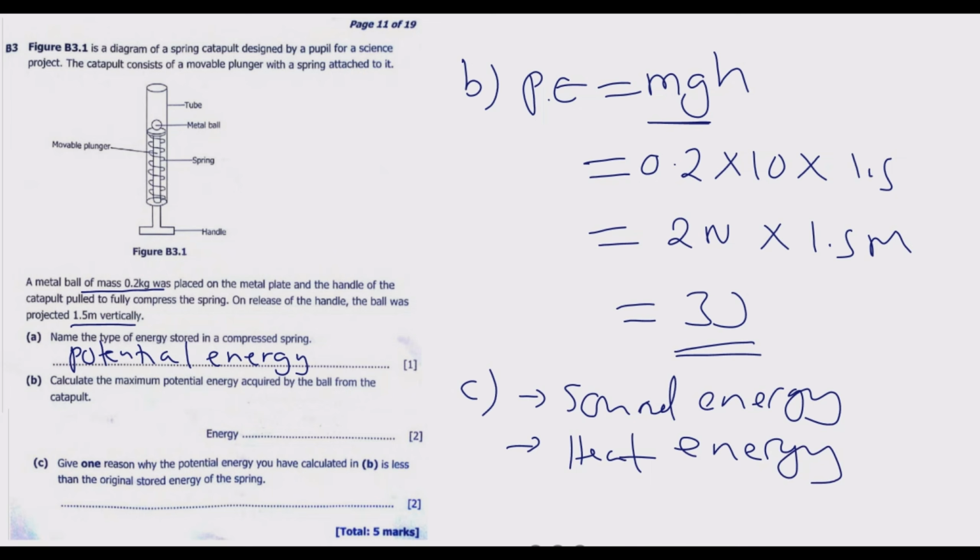So we discover that not all the stored potential energy in the spring will be converted to potential energy. Those are the possible ways you can lose the stored energy in the spring, and this is how you answer this question to get the 5 marks.